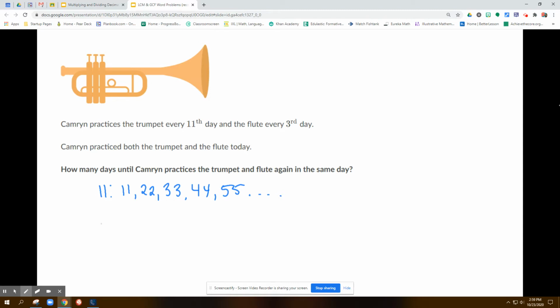If he practices the flute every 3rd day, that would be every 3 days, every 6 days, every 9 days, every 12 days, every 15 days, every 18 days, 21 days, and so on, up to 3 times 11.